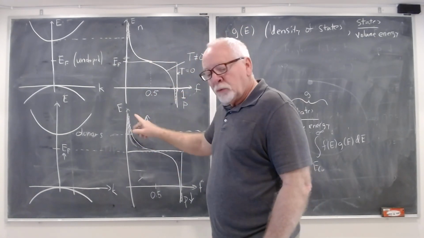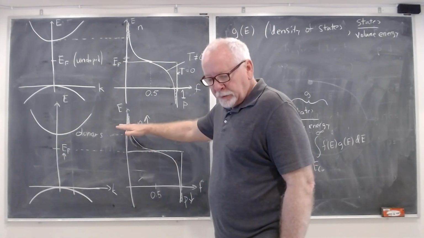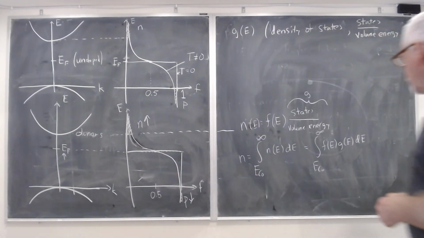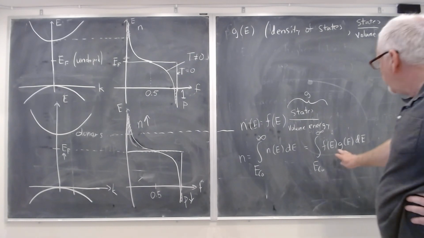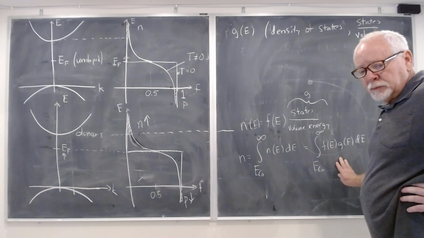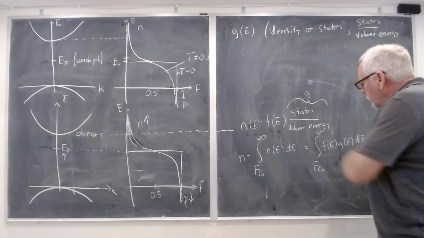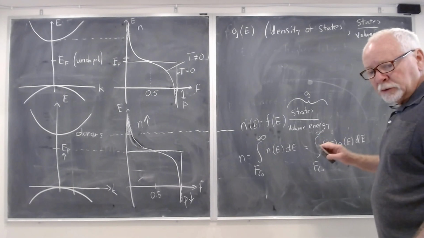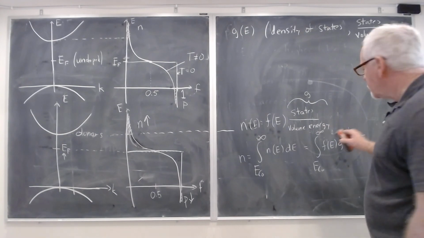And it depends on something I'm calling G, which is the number of states at that energy position. All right, so this is the integral we have to perform, but first we have to determine what G is. So I'm going to erase this for now, and we're going to end this lecture by me telling you what G is.